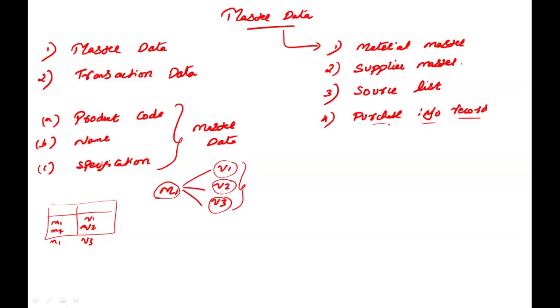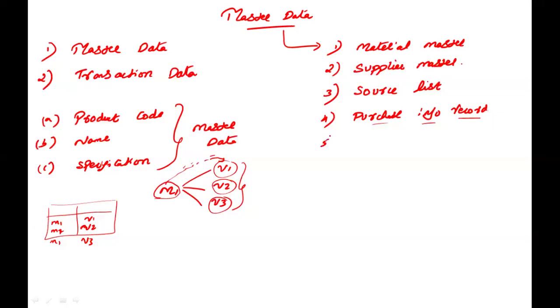For example, if you are purchasing this material from this vendor, the system will store this information, and when you are purchasing next time, the system will say that you have purchased this material from this vendor previously. Storing the past purchase information is maintained in the transaction of purchase info record. Purchase info record is nothing but storing the information of the past purchase.